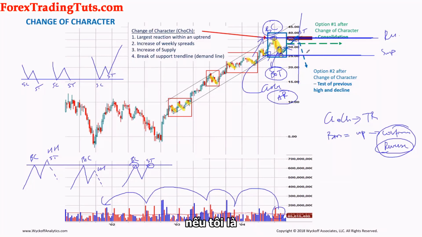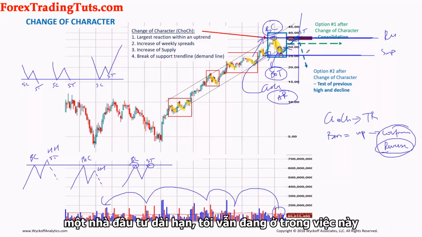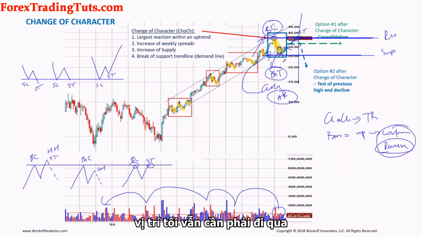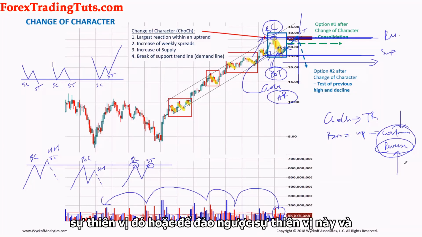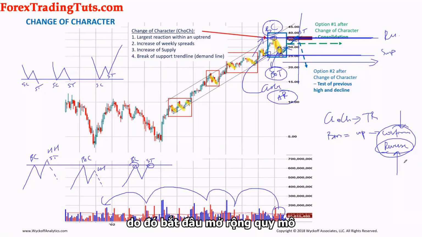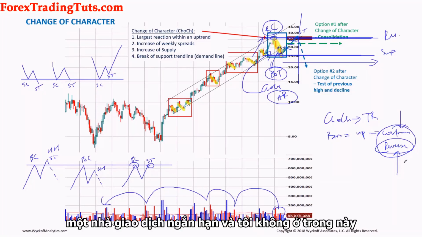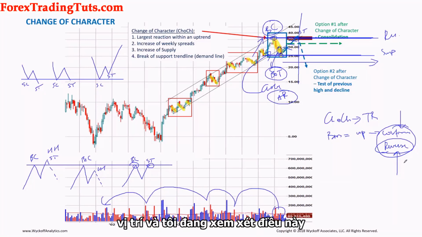If I am a long-term investor, I'm still in this position. I still need to go through the whole trading range to define the potential bias and either to confirm that bias or to reverse this bias and therefore start scaling out. If I am a short-term trader and I'm not in this position, and I'm looking at this potential phase A as it unfolds, and I look at this change of character, I'm saying there is no swing opportunity for me here.